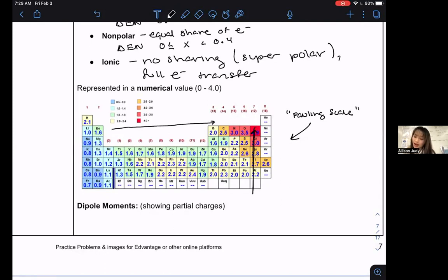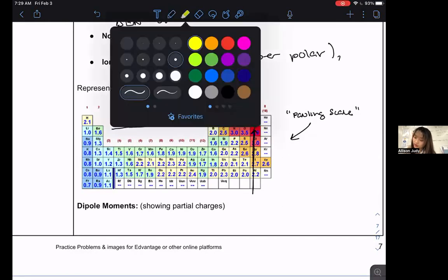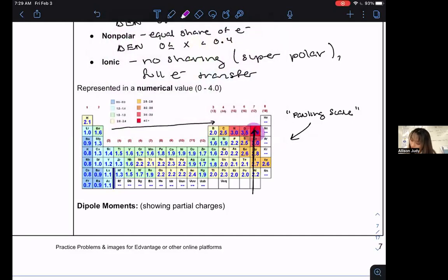And of course, the highest electronegativity value is fluorine. Fluorine is the highest because, as we know, fluorine is the highest Coulombic attraction experiencing atom. And it's also a halogen, which means it's desperate for getting one more electron.